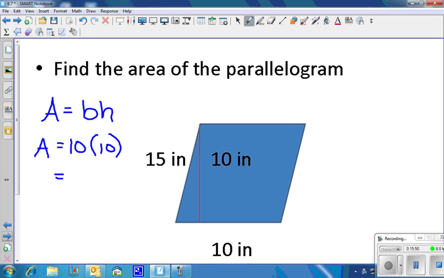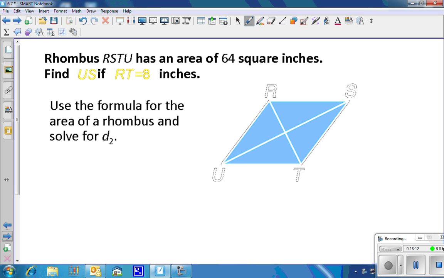Nothing. Absolutely. So 10 times 10? 100. What? Squared inches. Right. A lot of times we say inches squared because that's the way we were taught, and that's the way it looks. But when you get to college, it's squared inches. Don't let your teacher make fun of you. And they will.